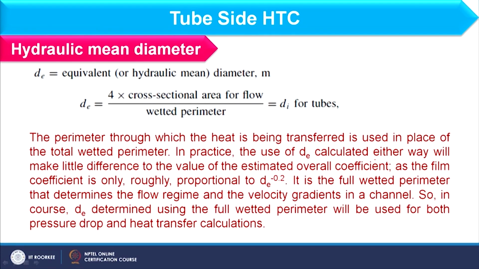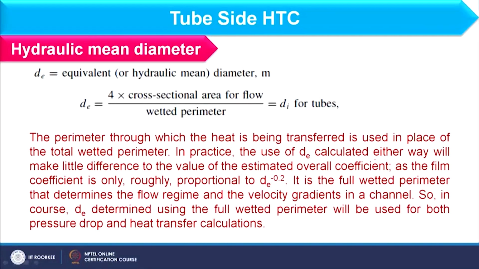And next we have to find out the hydraulic mean diameter, because the flow is inside the tube. Because the flow is inside the tube, the inner diameter of the tube will be equal to the equivalent diameter or hydraulic diameter of the tube.